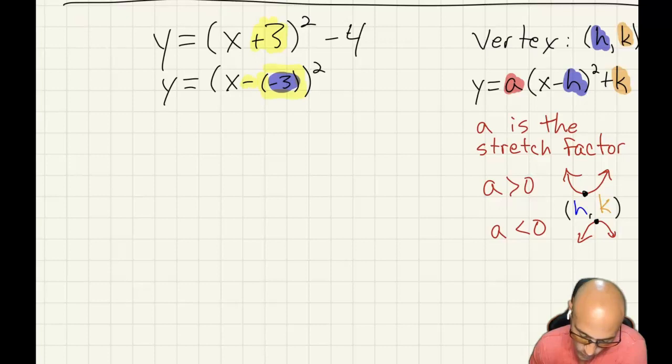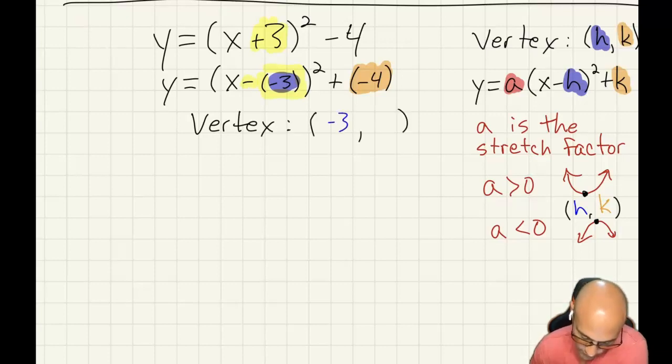Instead of subtracting, we're adding a negative 4. So that means that our k is a negative 4. So we have our (h, k), so the vertex is the point (negative 3, negative 4).